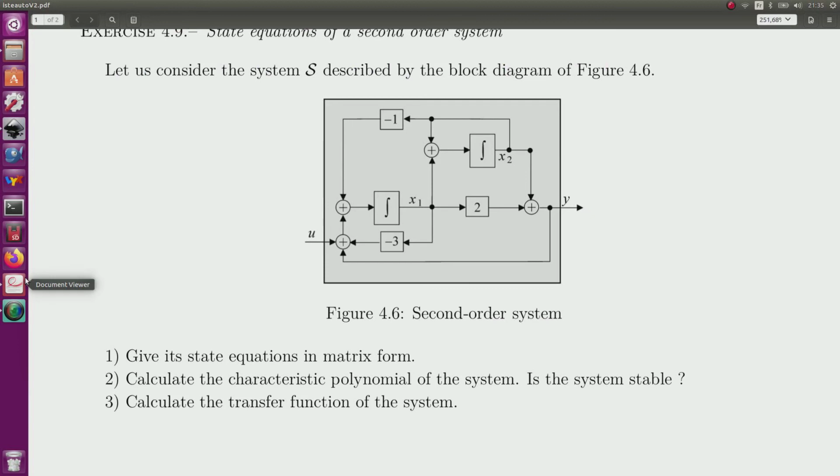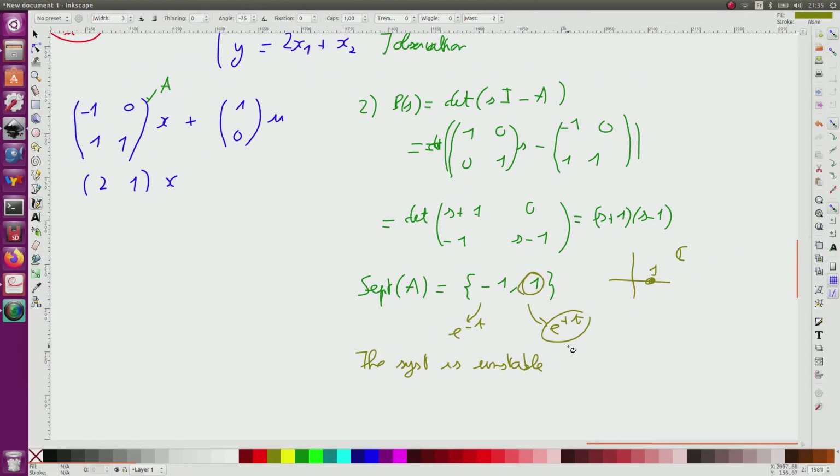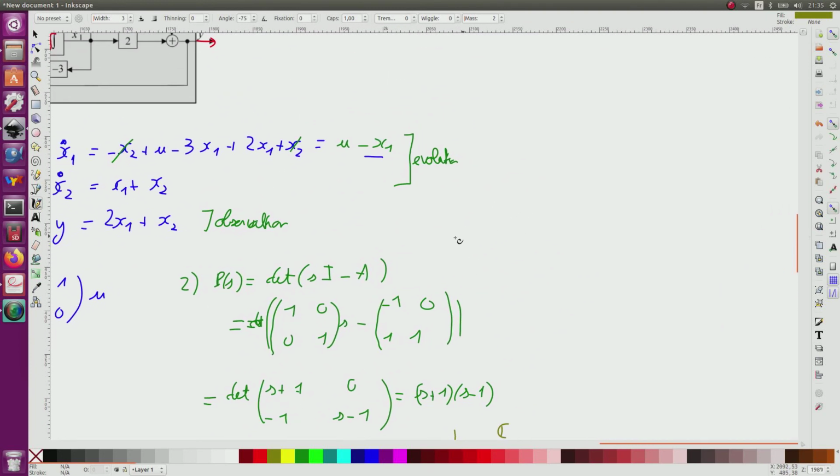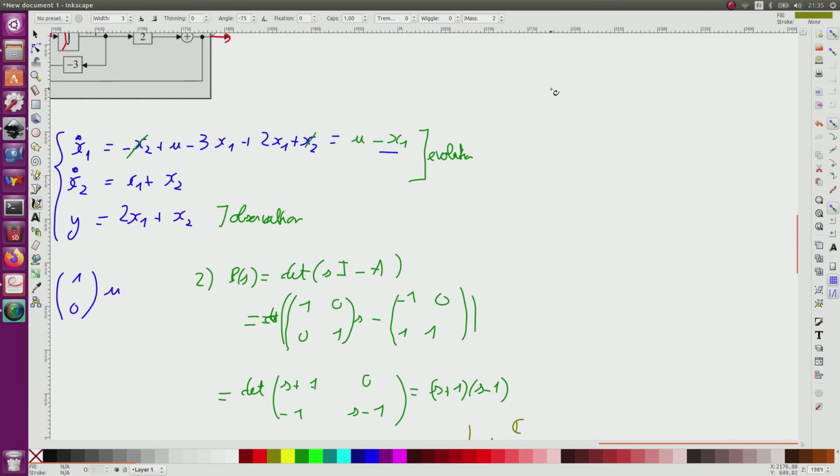Question number 3. Calculate the transfer function of the system. So for this, I will come back here. I will take this equation and go to the Laplace plane.